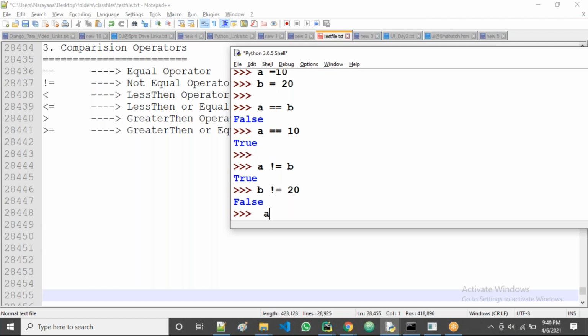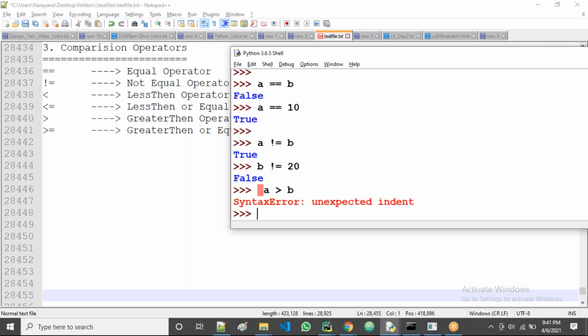Next, suppose a greater than b. Is this true or false? Sorry, syntax mistake. It is false.